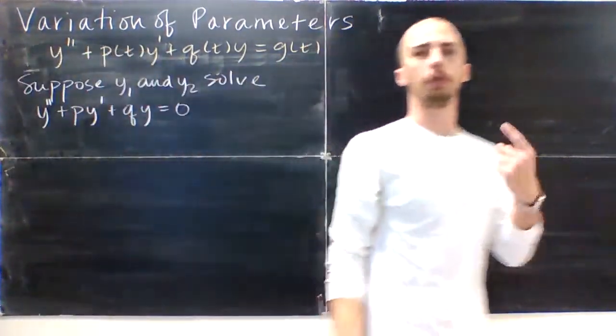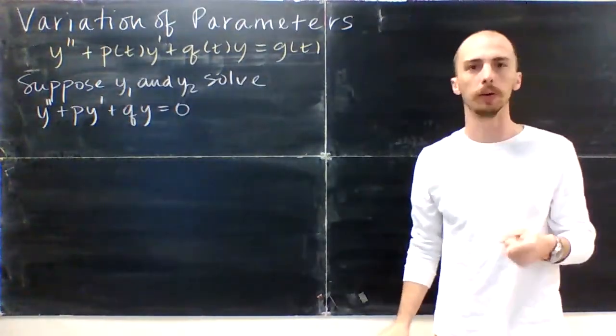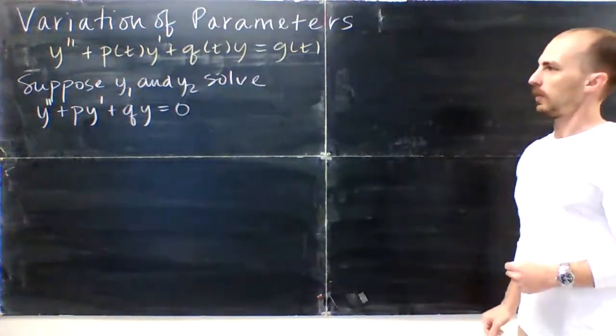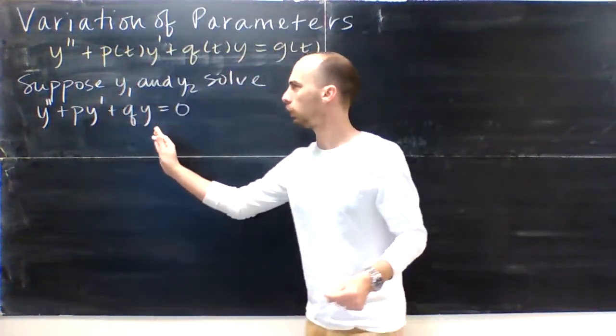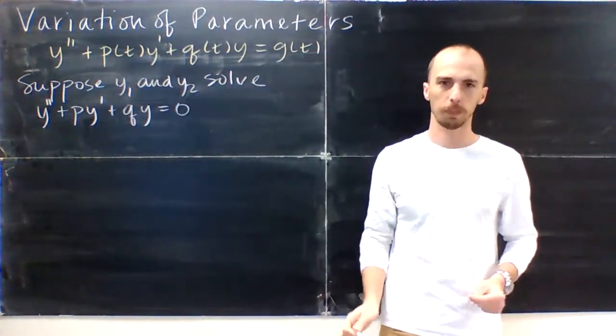So suppose we have two solutions to the corresponding homogeneous, y1 and y2. That means that for y1 and y2, y double prime plus py prime plus qy is equal to 0.